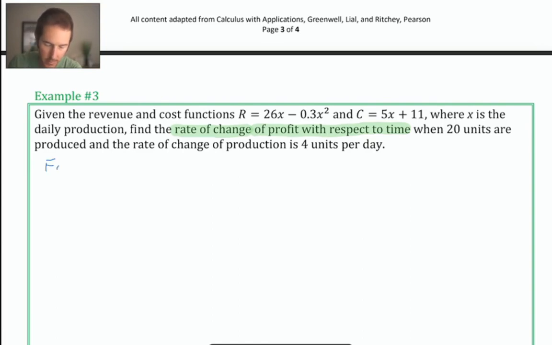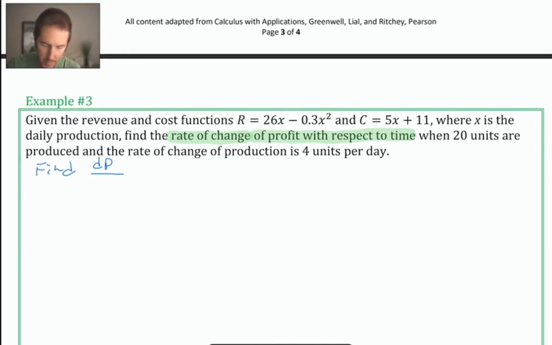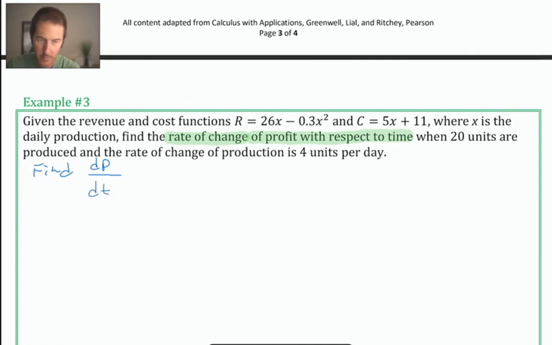So let's write a little note. Find rate of change of profit, that's dP, with respect to time, that's dt. None of those two equations in the first part of this sentence involve t for time, okay? So that yells at me that we're going to be using implicit differentiation.